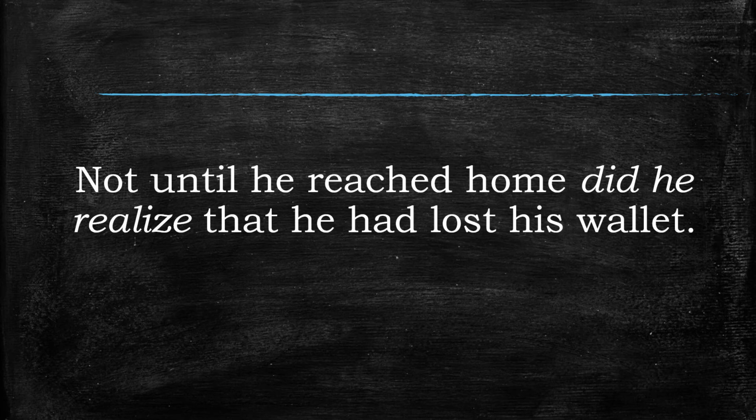So we have not until, the first clause, the subject and the auxiliary verb, and in the second clause we have the auxiliary verb in the beginning plus the subject. So this is how we go about the subject verb inversion with regards to adverbs.